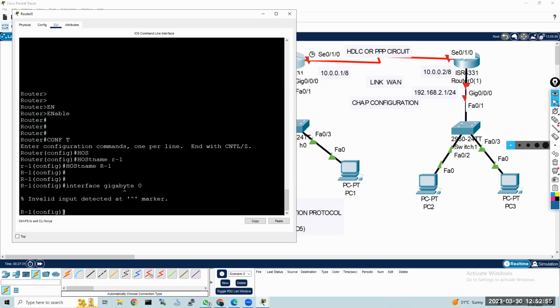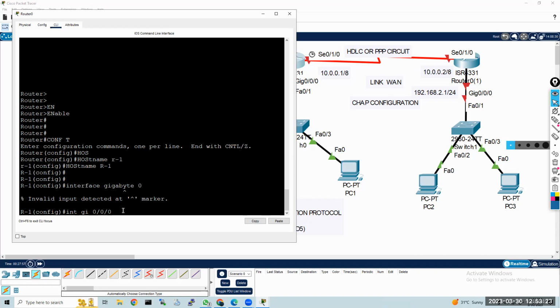INT space GI 0/0/0. Enter. It's taking much time.